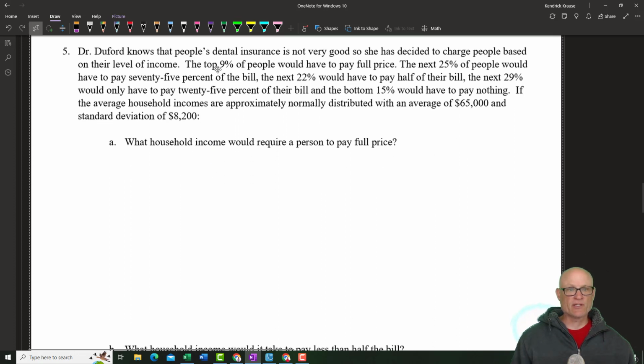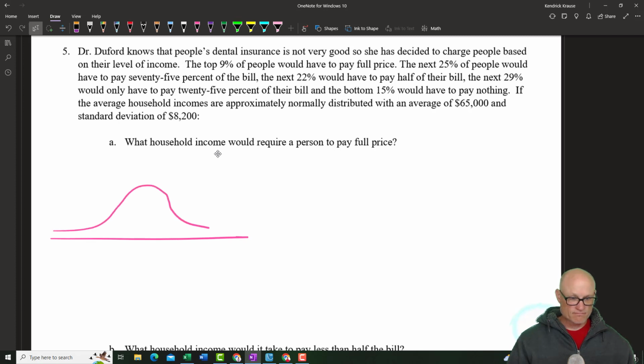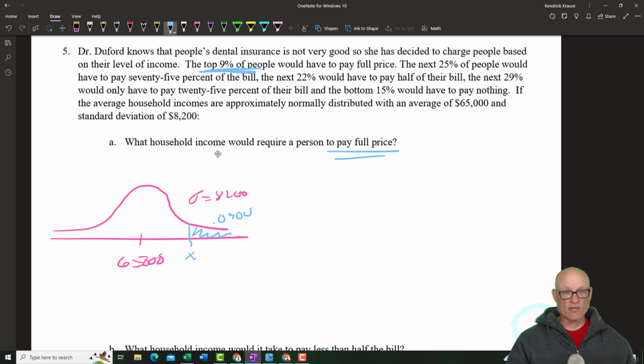Well, full price is the top 9%. So it's this average of 65,000 with a standard deviation of 8,200. And the top 9%, whatever that is, that's 0.0900, has to pay full price. It said the top 9% pay full price.